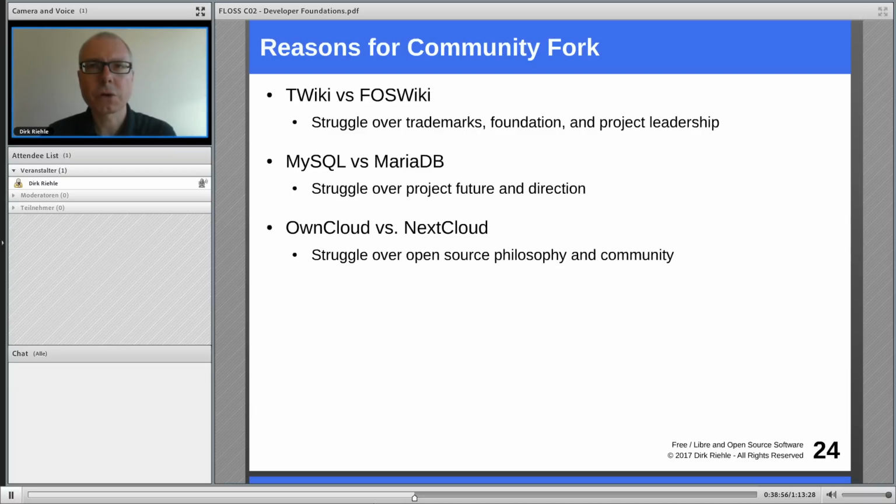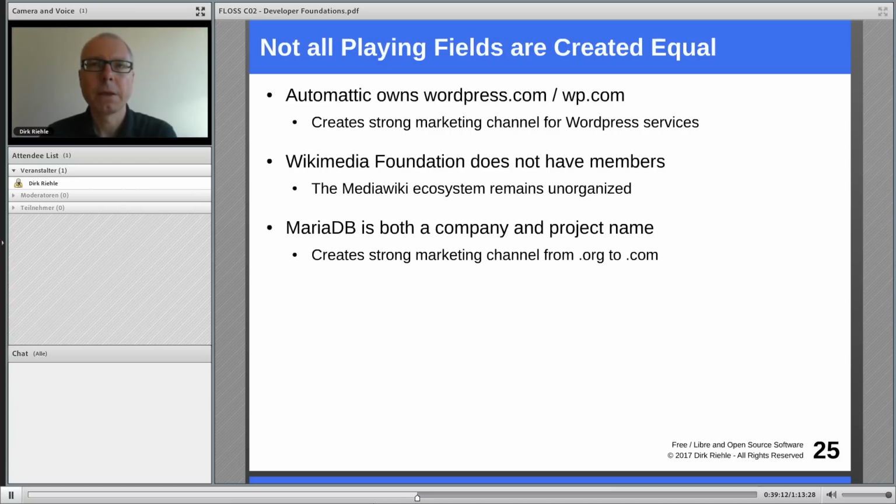So these community forks do happen, and typically folks try to avoid them, but ultimately one may have to live with it, that you now have hopefully two viable communities, or maybe one of the communities dies out. Ideally, developer foundations, in particular application developer foundations, are completely fair to everyone.